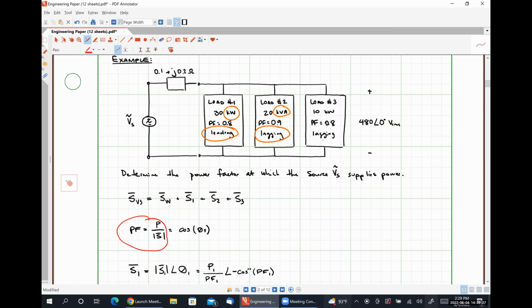Anytime the power factor is lagging, our phase angle is positive. Anytime our power factor angle is leading, our power factor angle will be negative. So lagging means positive angle, leading means negative angle.